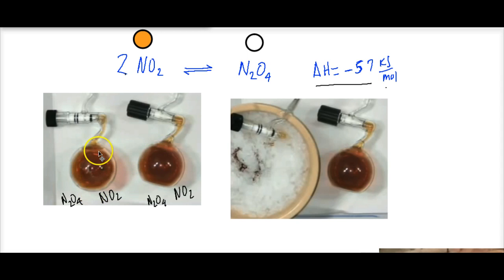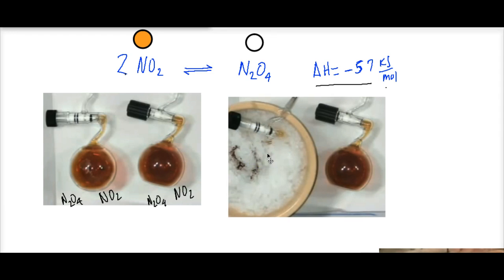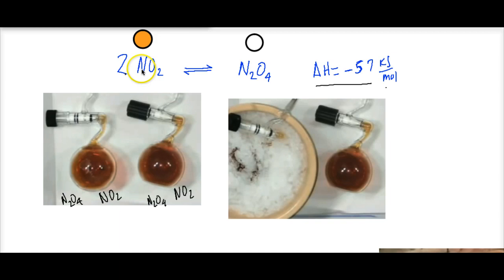They both started off as a mixture in equilibrium, and now one is being chilled. So I want you to predict what is going to happen. So you should be able to predict you should see a color change, and you should be able to predict what that color change is going to be. So is it going to get darker, or is it going to get lighter? And you should be able to use LeChatelier's principle to explain that.